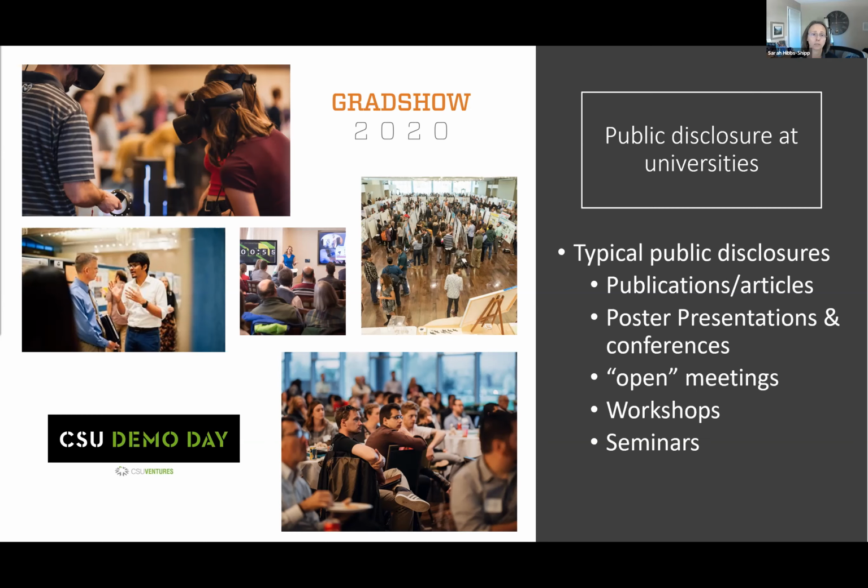Publications and articles, open meetings and workshops, seminars, all of those are typical academic activities that can create a public disclosure problem. It does not mean that you can't do these things. It just means that we need to put protection in place prior to doing these things and sharing the ingredient list or the molecular structure or the code for your software program or a very specific method for how you generate a particular application.